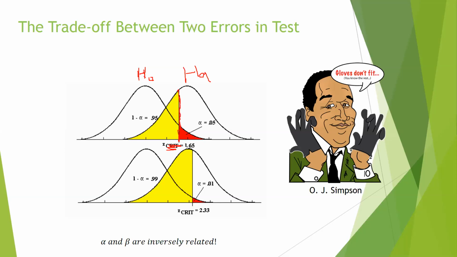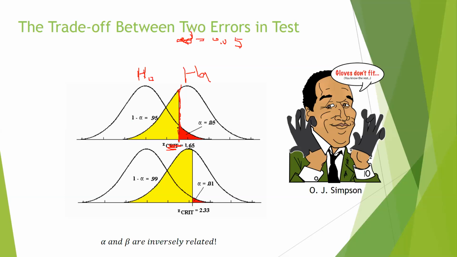Usually this value is associated with alpha equals 0.05. This is the value we are very familiar with, right? In most statistical tests, we use alpha equals 0.05.